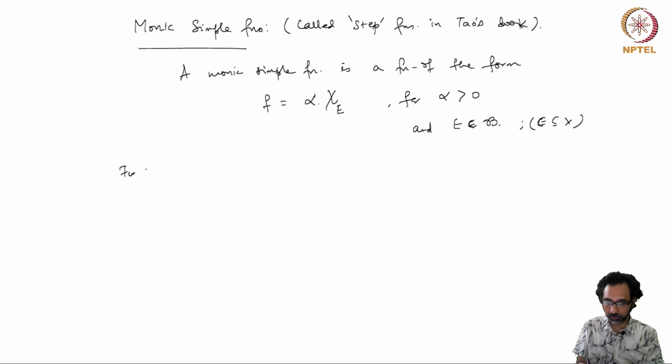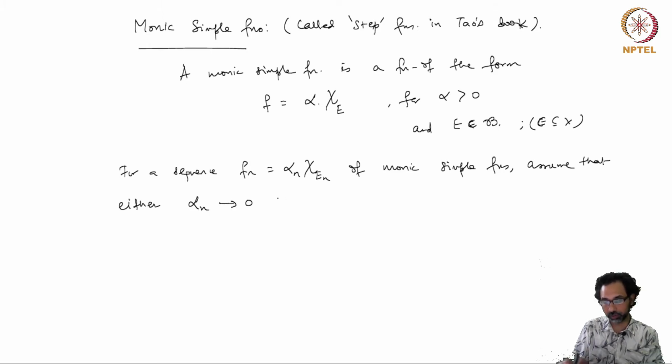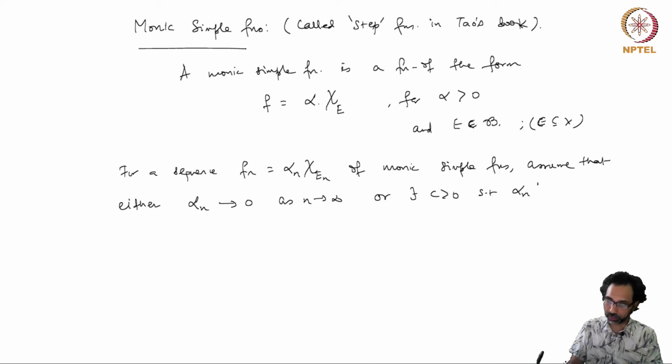Now for a sequence Fn equals alpha n chi En of monic simple functions, assume that either alpha n converges to 0 as n goes to infinity, or there exists a positive constant c such that alpha n is bounded away from c.